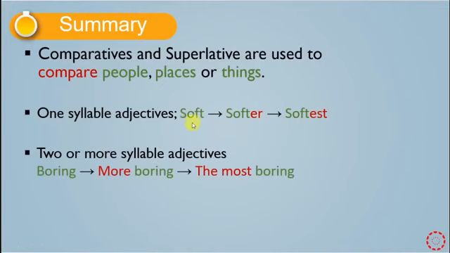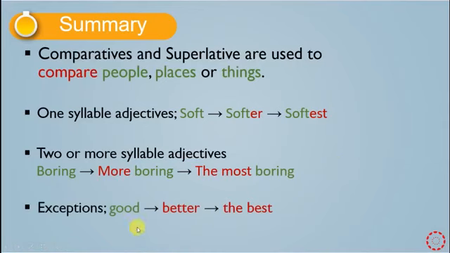We have examples: soft, softer, softest. And for two or more syllable adjectives, like boring, we add more and the most. We say more boring and the most boring. And also we have exceptions like good or bad. We say good, better, the best, bad, worse, the worst.